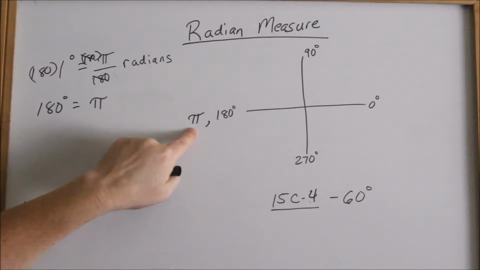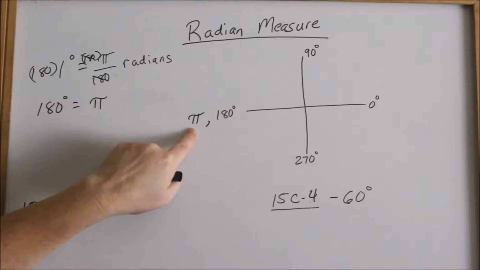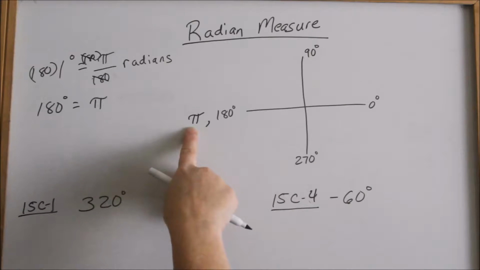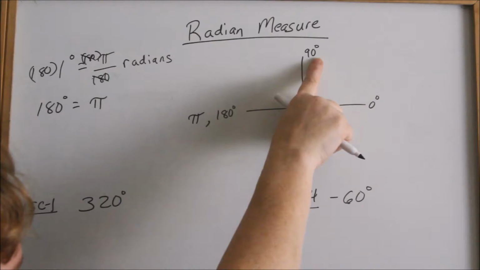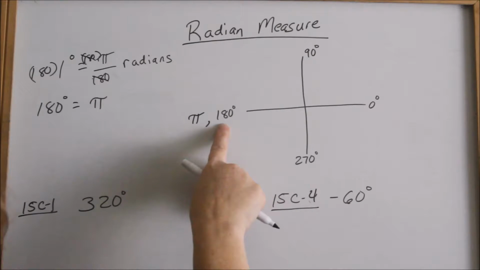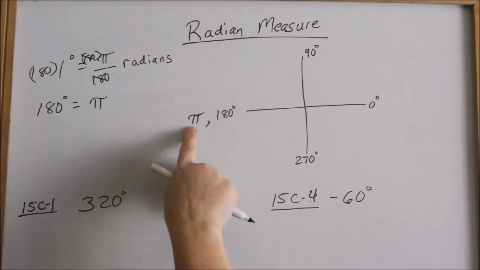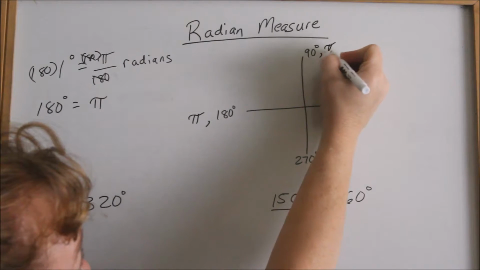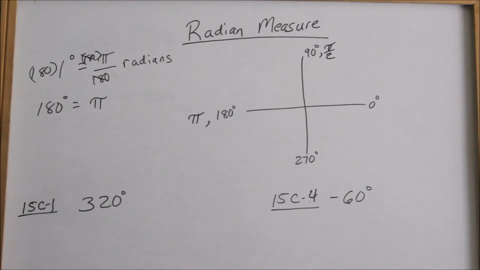Anytime you see the word pi dealing with the measuring of an angle, you automatically know it's radians. So if 180 degrees is pi, what would 90 be? 90 degrees is half of 180, so it would be half of pi, but we don't say 1/2 of pi, we say pi divided by 2, or pi over 2.